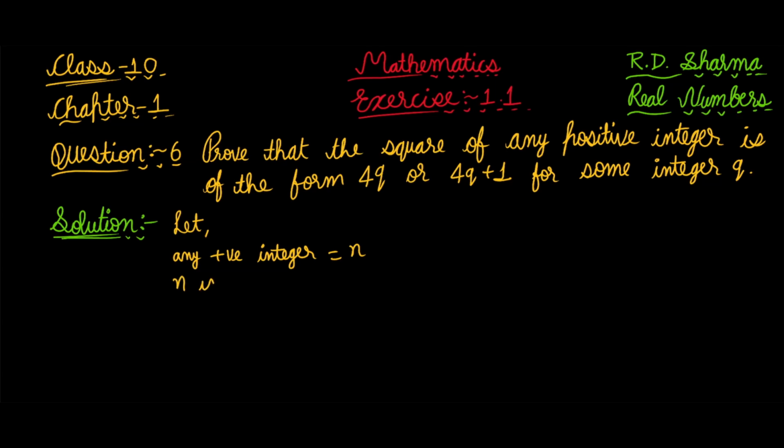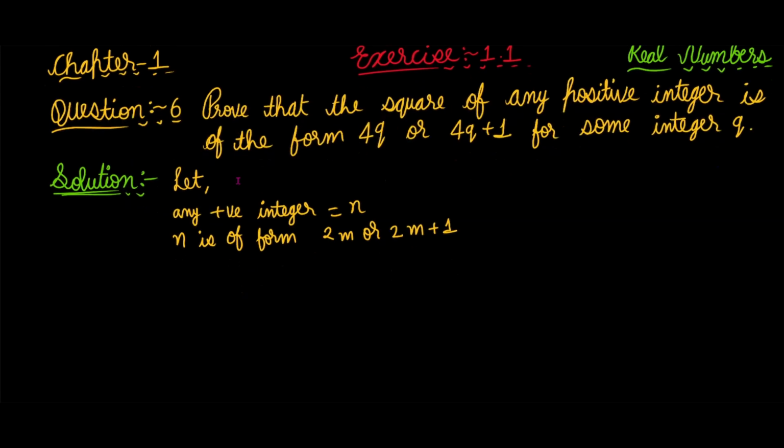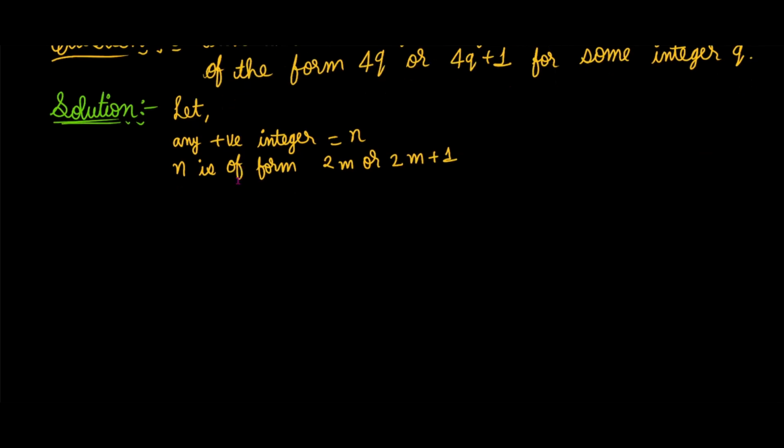So n is of form, we will take either 2m or 2m plus 1. So we need a square of any positive integer of form 4q or 4q plus 1. So we will take the square of n.